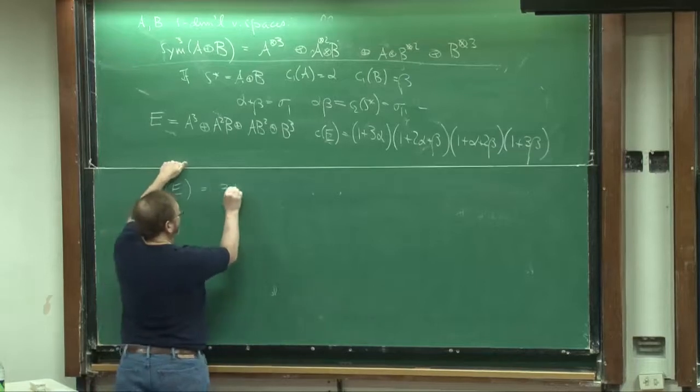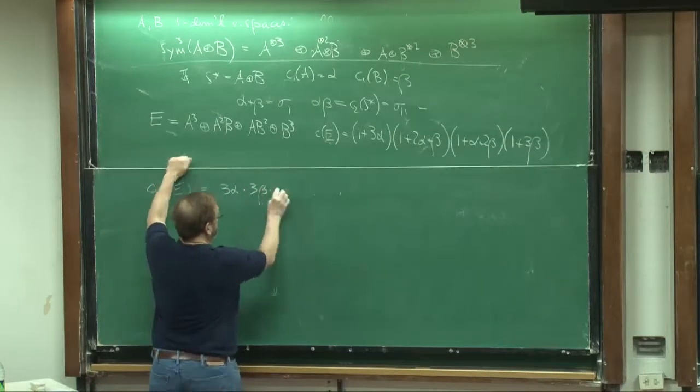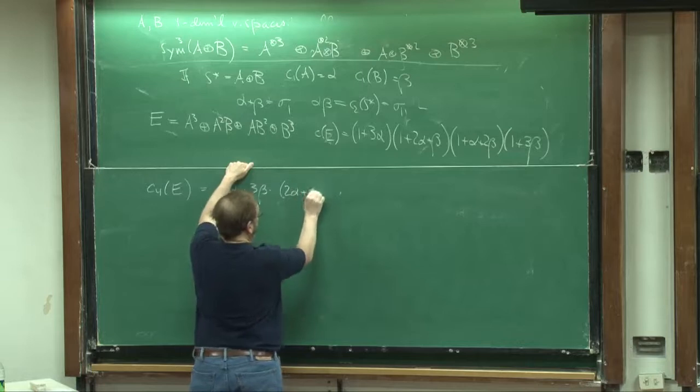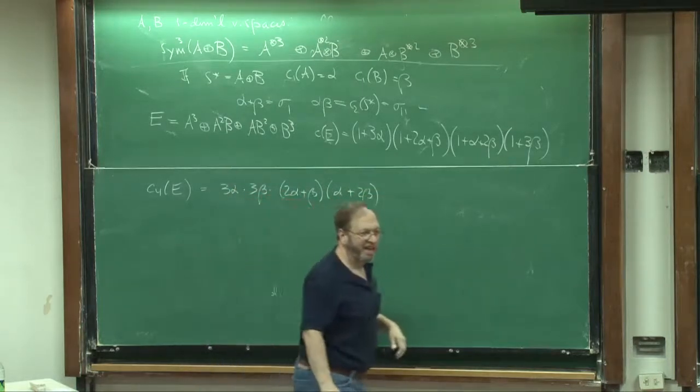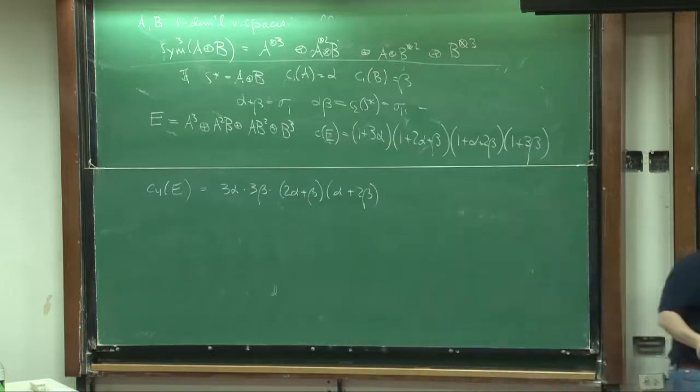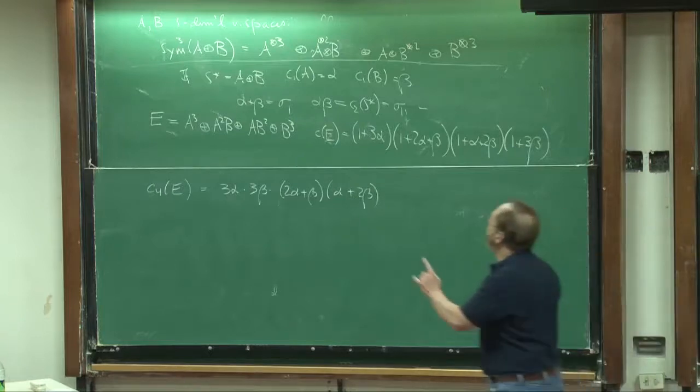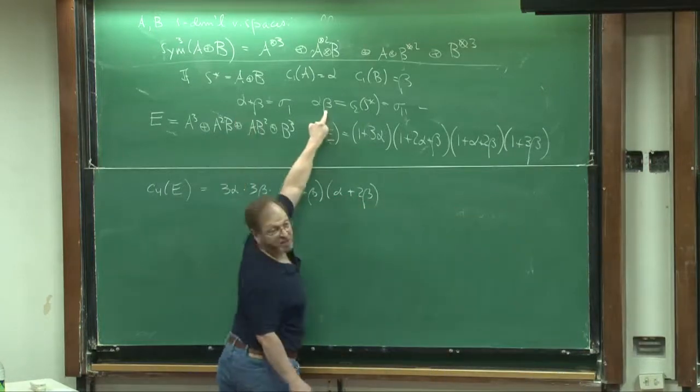That's 3 alpha times 3 beta times 2 alpha plus beta times alpha plus 2 beta. That doesn't seem to be much use because, for one thing, alpha and beta don't exist. They're just fictional classes, right? Because again, S star does not in fact split. But if they existed, we would know at least some of their sums and products.